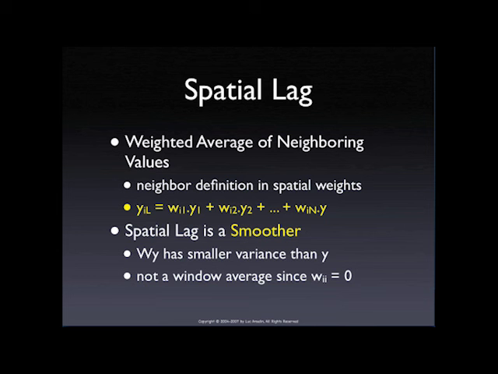On an irregular spatial layout, that's undefined. On a regular one, and we'll see some examples later, on a line or on a grid, you can define that. But if you have an irregular layout, like I'll show you in a minute, it's not defined. So how do we relate then what happens at a location to what happens at other locations?